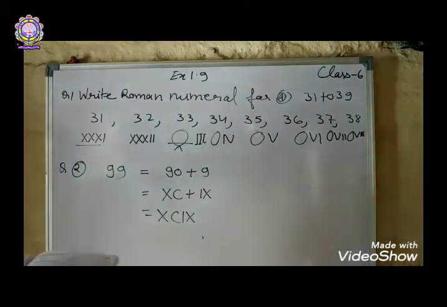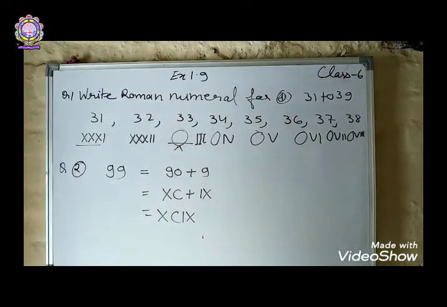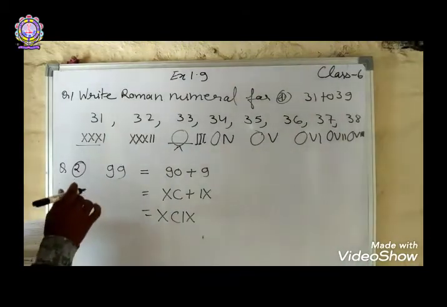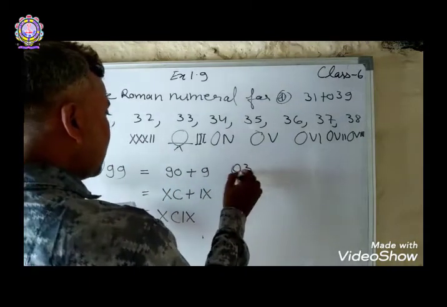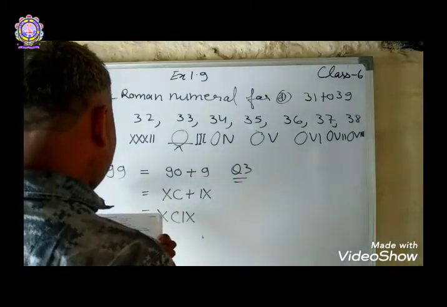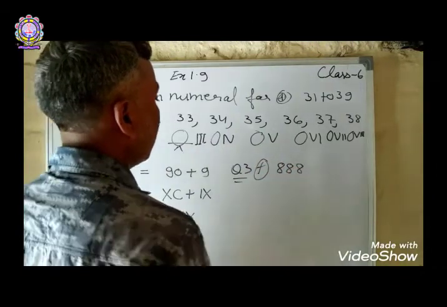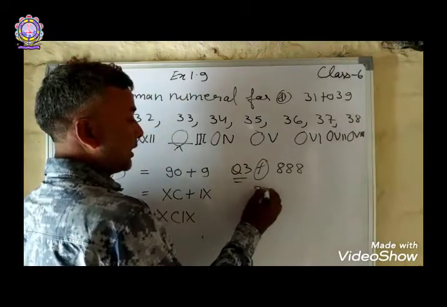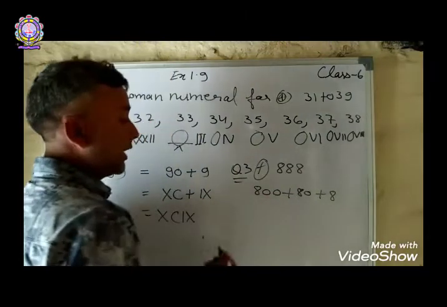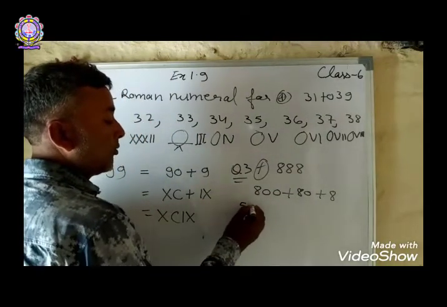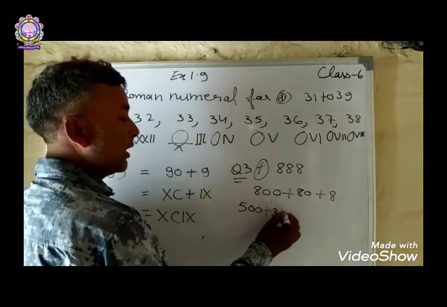And question number 3. Write the Roman numerals for the given numbers. So this is the F part, 88. How do we write it? 800 plus 80 plus 8. How do we write 800? 500 plus 300.